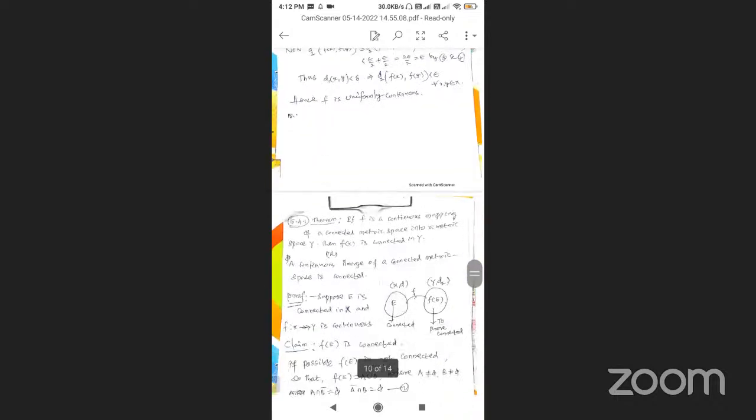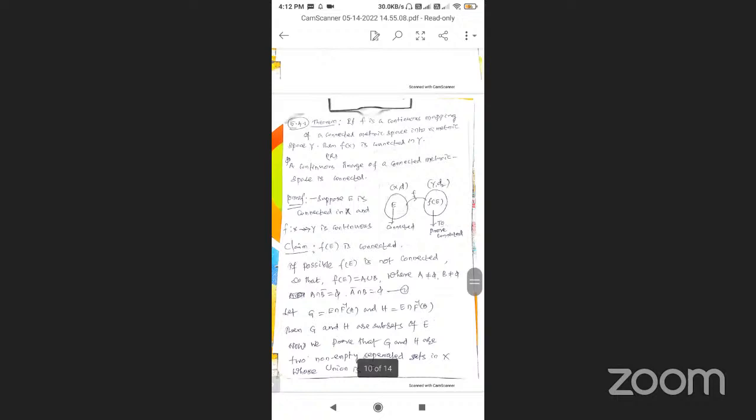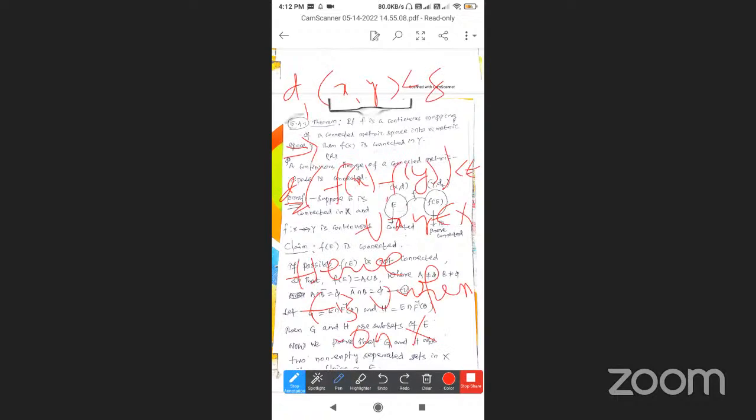Next is the connected set. This is theorem 5.4.1: a continuous image of a connected set is connected.